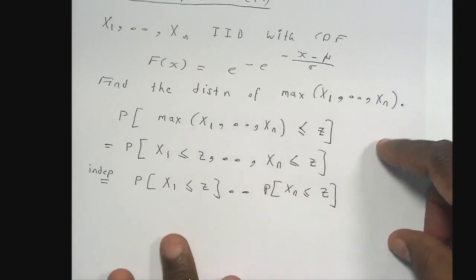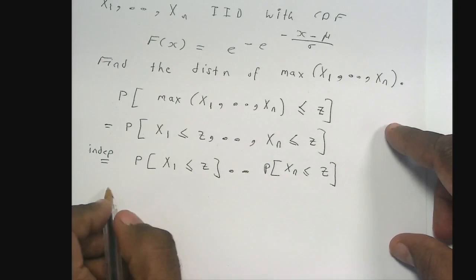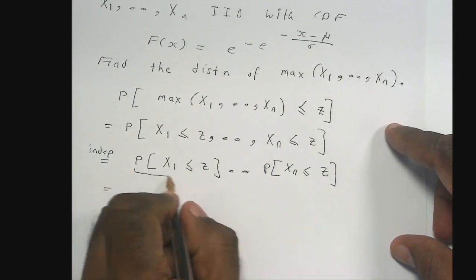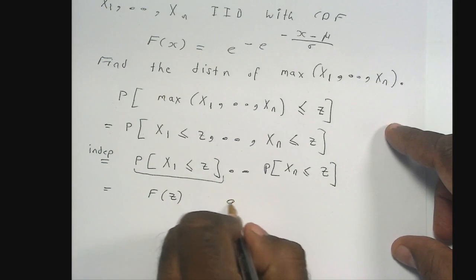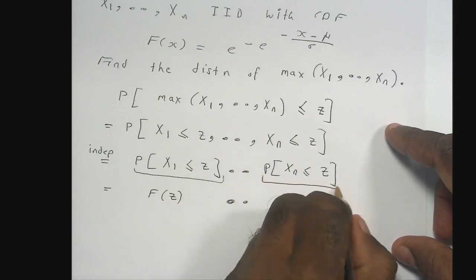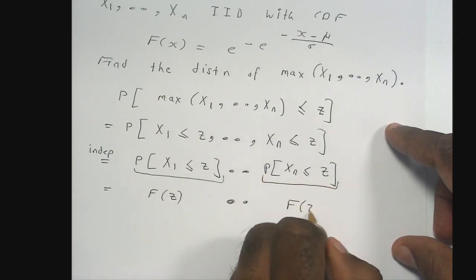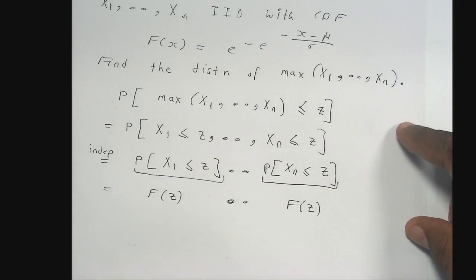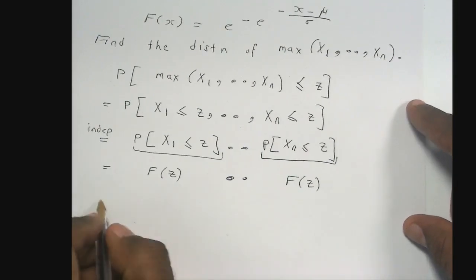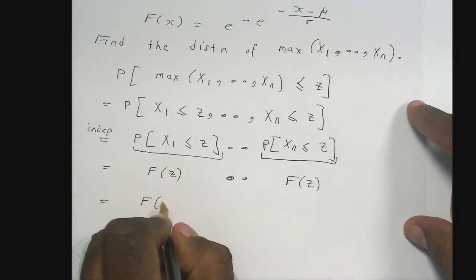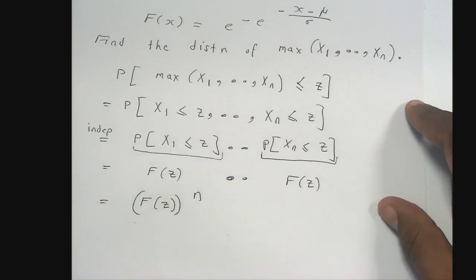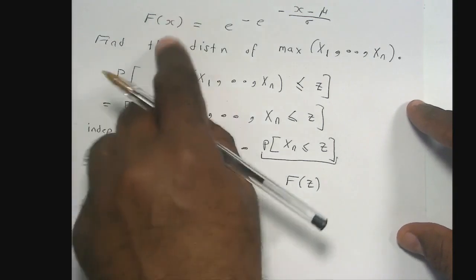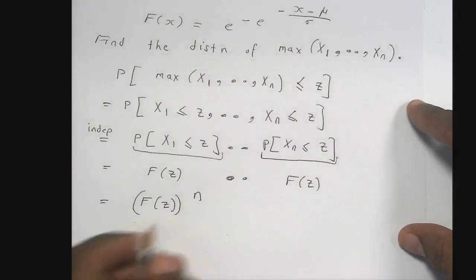right, that's using independence. Now we know that each of these is equal to F at z, and this is also equal to F at z, right? So what you have is the nth power of F(z). Now we know that F(z) is given by this formula here, so I'm going to sub that in here.